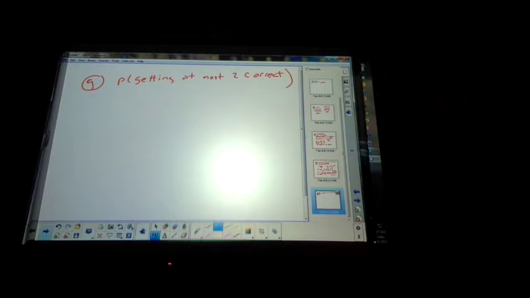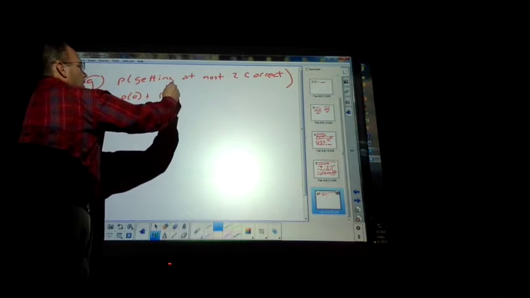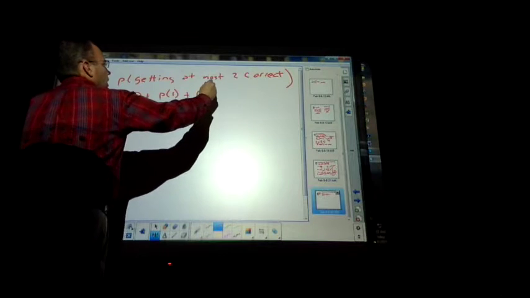No more than 2. I'm getting at most 2 correct. So what else could happen in this event? 1. What else could I get? 0. So this is the probability of 0 plus the probability of 1 plus the probability of 2.